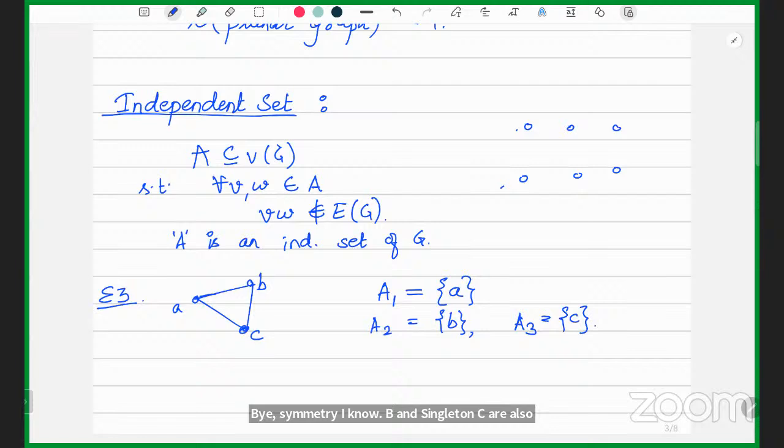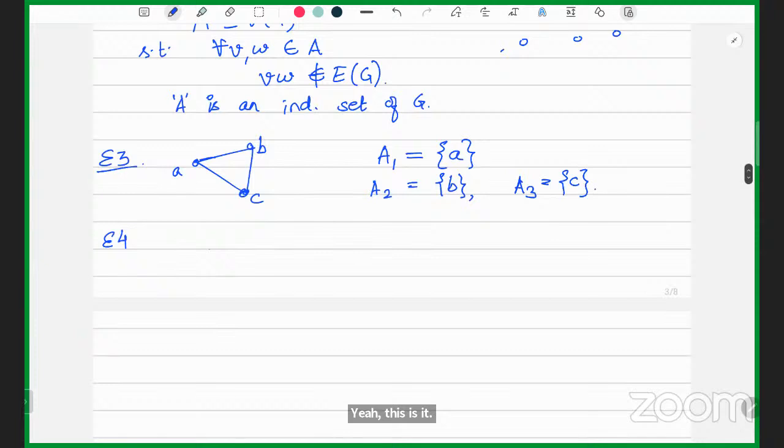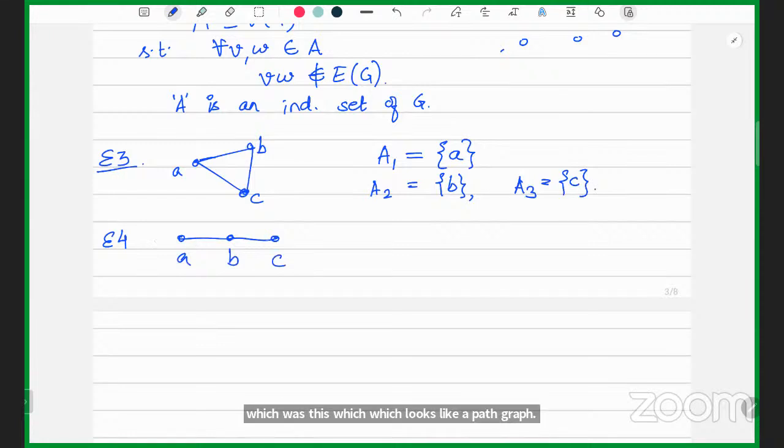Yeah, this is it. But if I take again the old example, which looks like a path graph, then if I start with A1 and put A in it, can I put B? No. But can I put C? Sure, because C is not adjacent to A. If I look at just the vertices A and C, there won't be any edge between them, right?